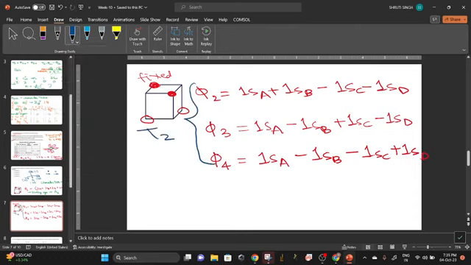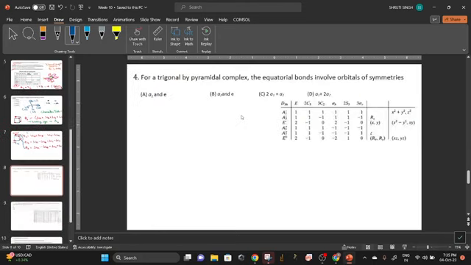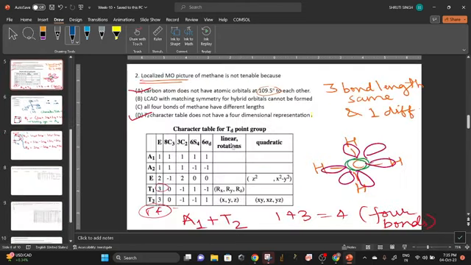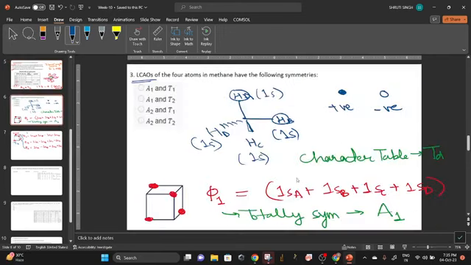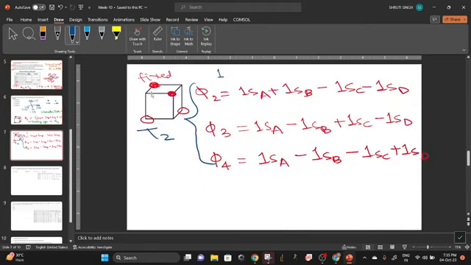You can check. Suppose we'll take this one. Under E it will be same. So under E it will be 1. Under, what is next? C3. Under C3, if we apply C3, suppose this is the molecule, fix this, all 3 will change.